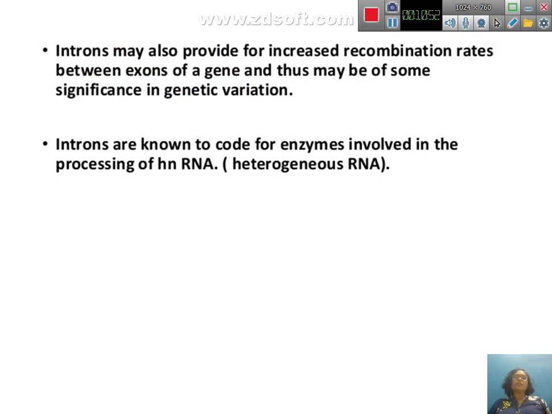Introns may also provide increased recombination rates between the exons of the gene, and thus in a few cases they have significance in genetic variation. Because of the presence of introns, there is an increased recombination rate, and therefore you will see variation in the genetic material.